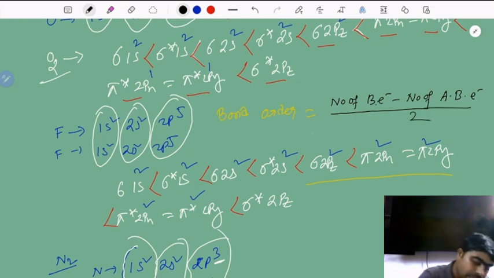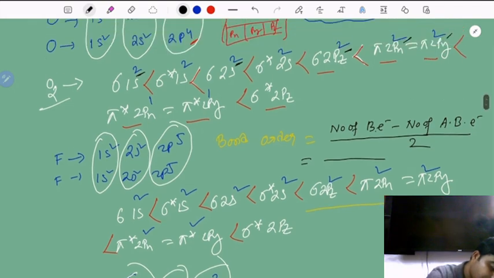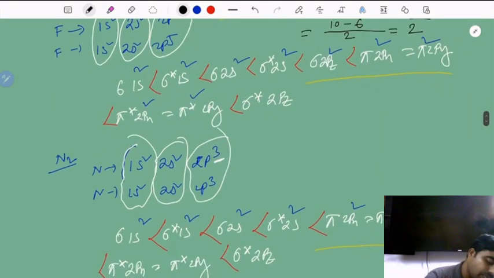Now count for the O2 molecule, how many bonding electrons are there? Count, see, there are 2, 4, 6, 8, 10. There are 10, minus anti-bonding electrons, how much? Anti-bonding electrons are 6. 10 minus 6 by 2 is equal to 4 by 2 equal to 2. So you can see that the bond order of oxygen is 2. You can go for fluorine.